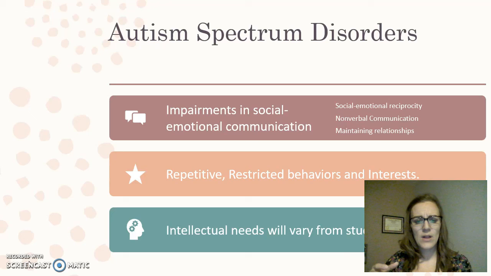Students also will, with autism spectrum disorders, have a tendency to have repetitive and restricted behaviors and interests. They have a tendency to find something that they love and love it really hard and want to learn all the things about it as far as interests.